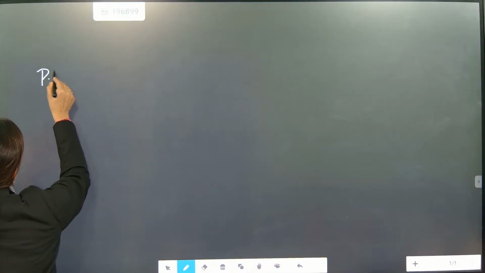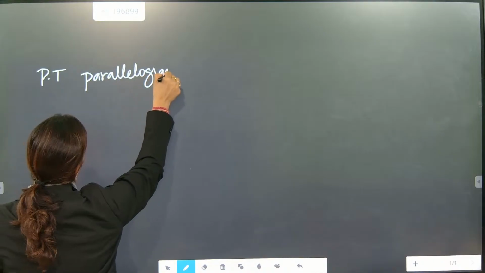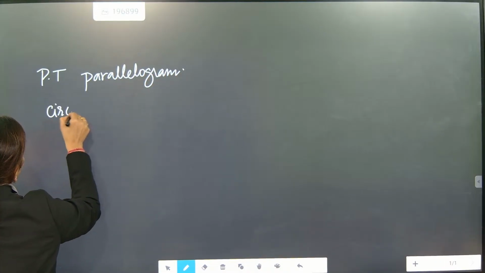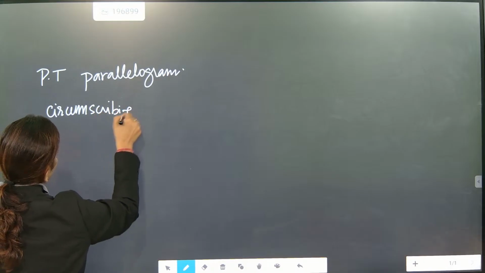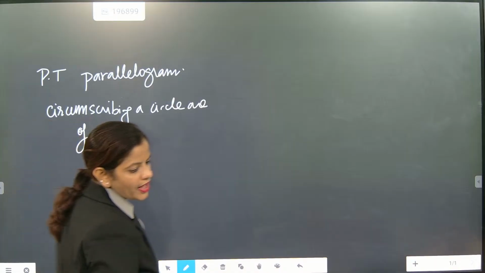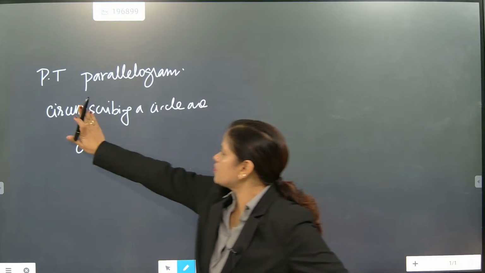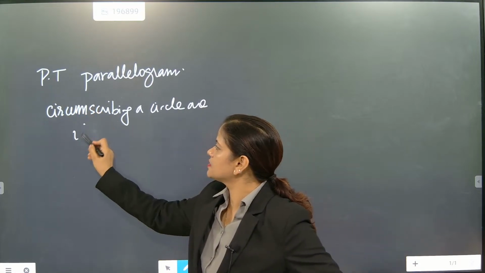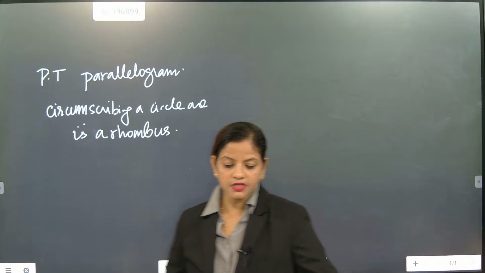The question is: prove that a parallelogram circumscribing a circle is a rhombus.